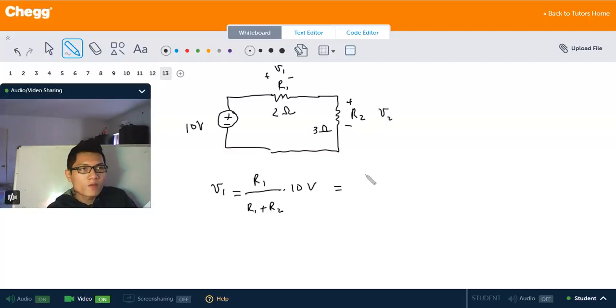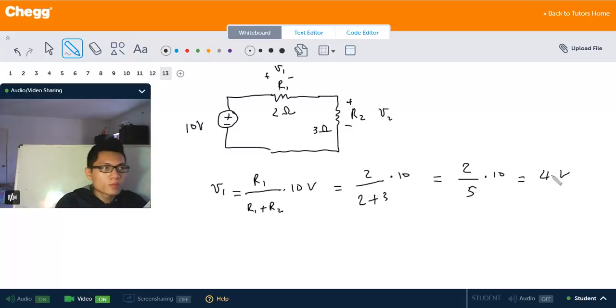So just plug in the formula: 2 over 2 plus 3 multiplied with 10, so we have 2 over 5 multiplied with 10, which is 10 divided by 5 is 2, 2 multiplied with 2 is 4. So 4 volts is the voltage drop across the resistor R1.